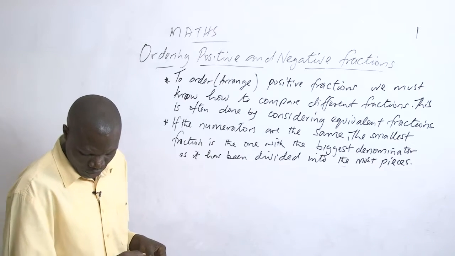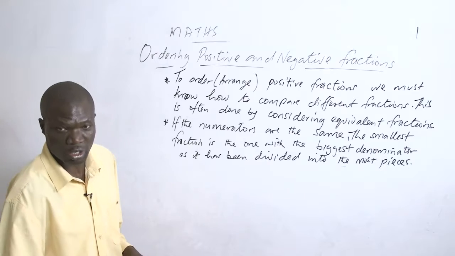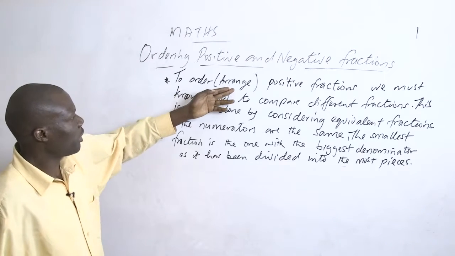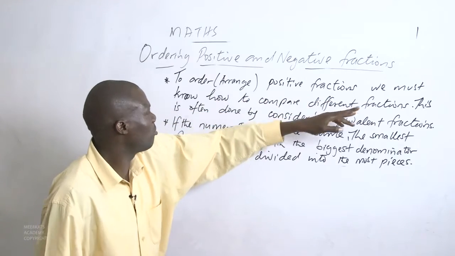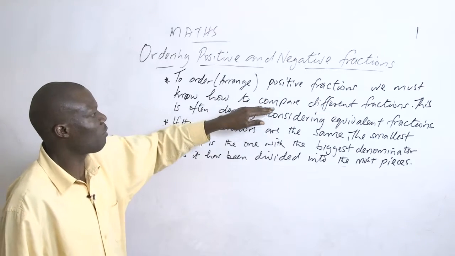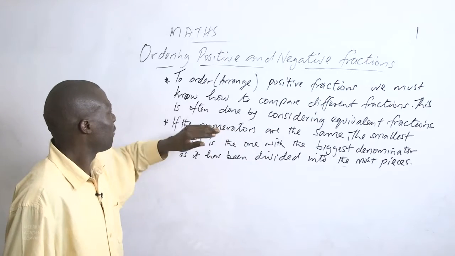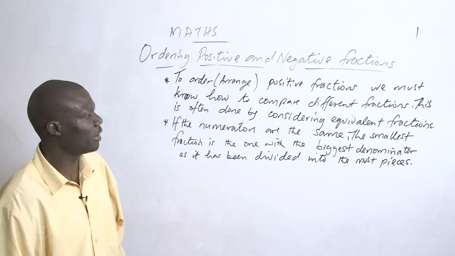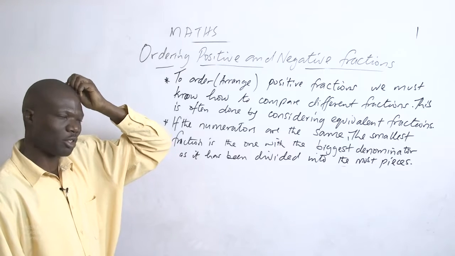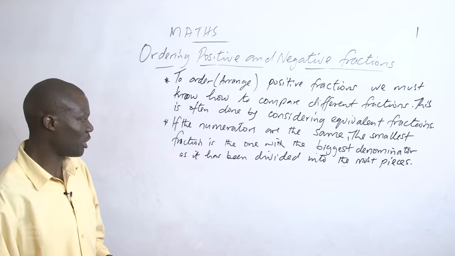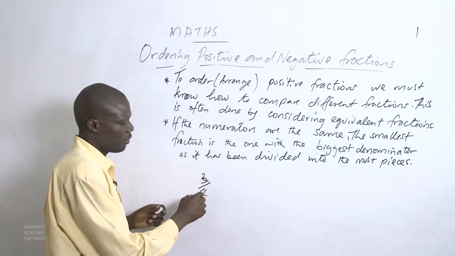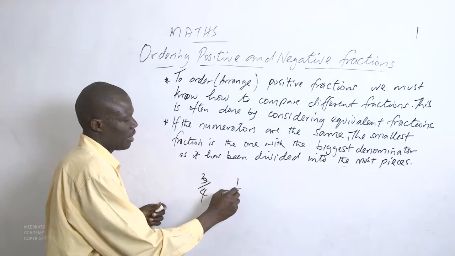Now, there are points that we should note. We are saying to order or arrange positive fractions, we must know how to compare different fractions. This is often done by considering equivalent fractions, just as we saw earlier in our previous example, where we had 3/4 and a half.